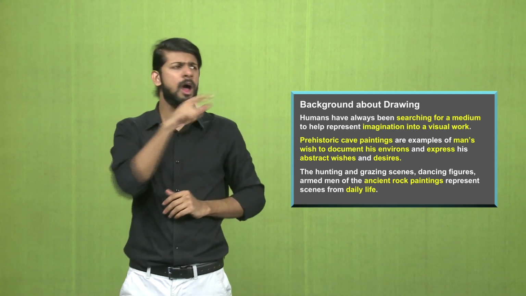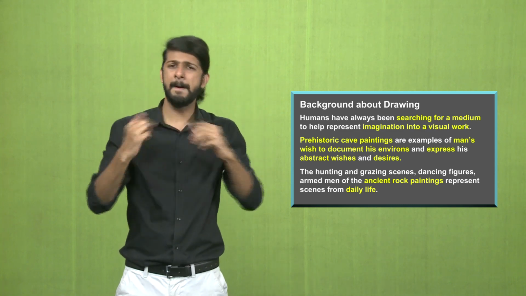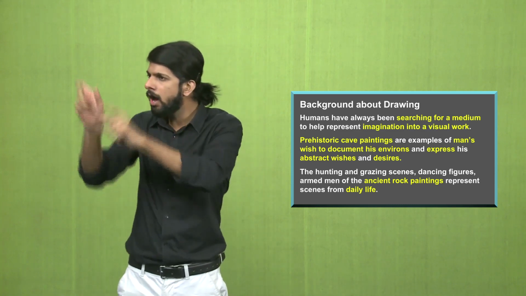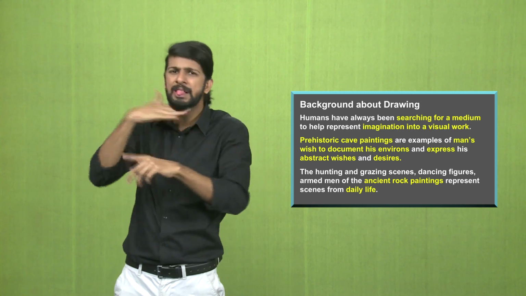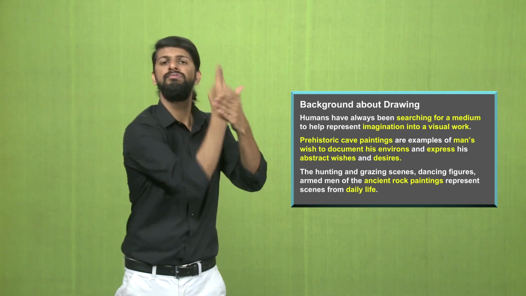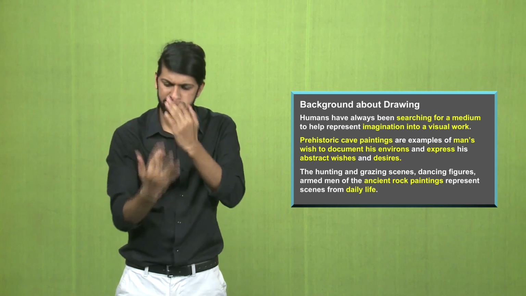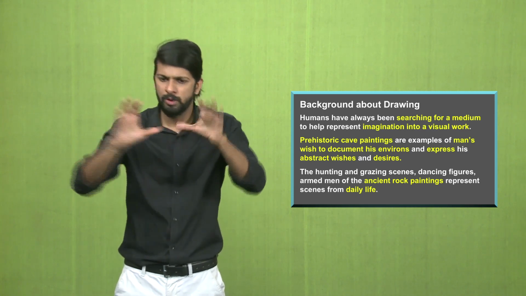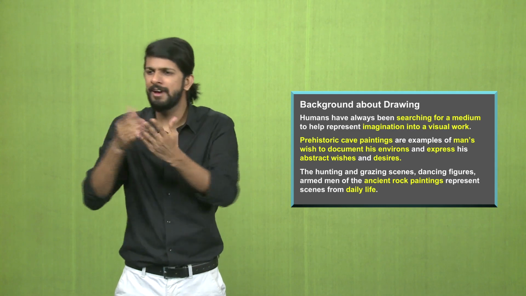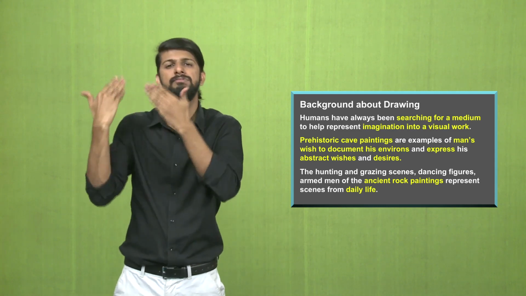These kinds of scenes have been depicted in the ancient rock paintings. These were the documentation of their everyday life, their environment, and their wish to express these ideas, their imagination, into a visual work.